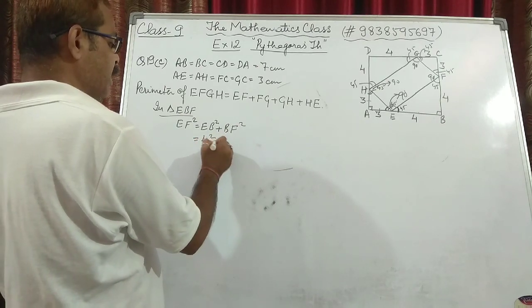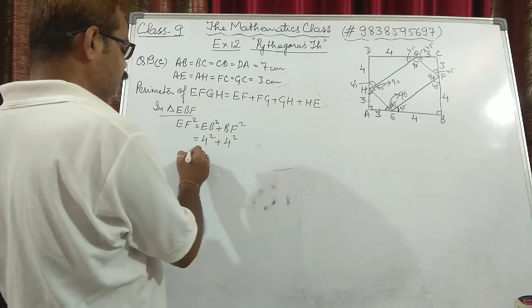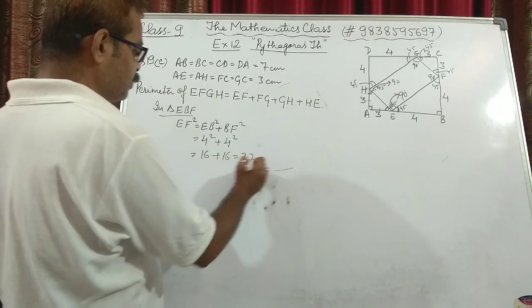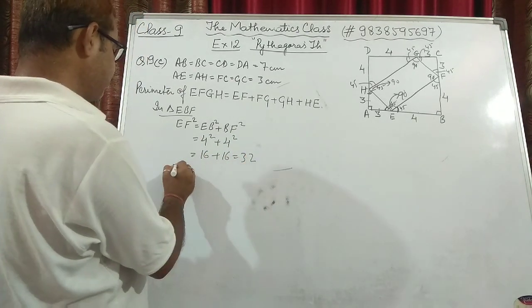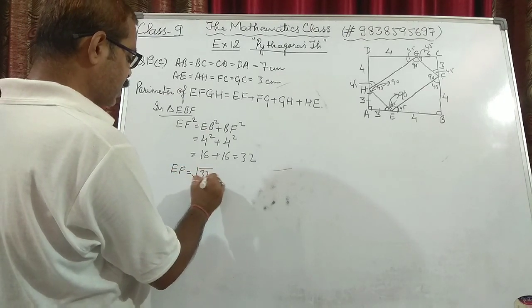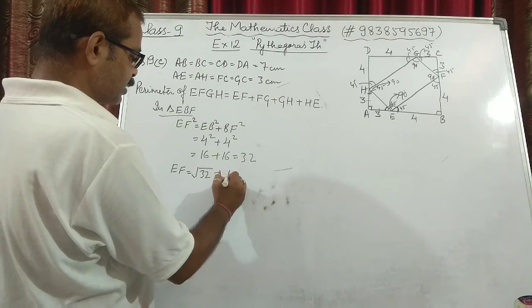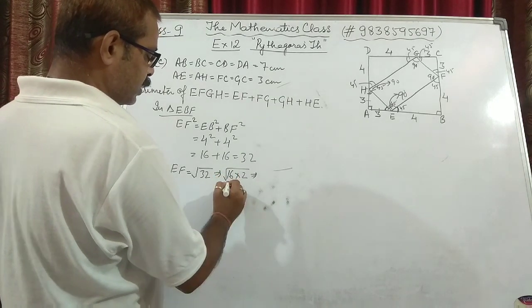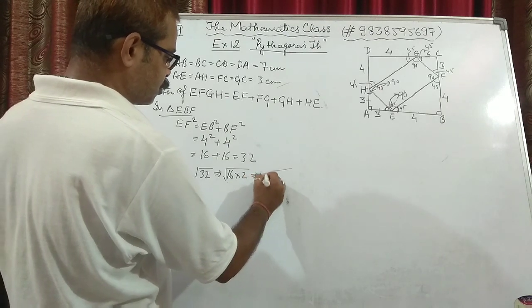EB is 4, at the same time BF is also 4. 16 plus 16, that is 32. So EF will be under root 32. Under root 32 means 16 times 2 is 32 in roots. When you take out the root of 16, you will get 4 root 2.